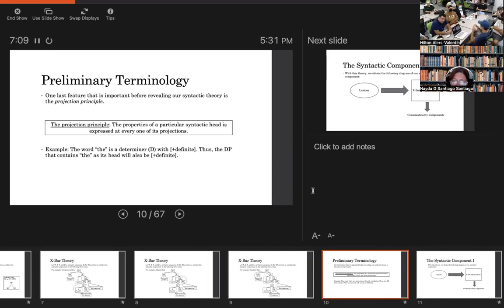Exactly. So if I have "the dog," then "the" is definite, right? And the phrase that it encompasses, so "the dog," that whole phrase is also definite. That's what plus definite means. Yes, plus definite means that it is definite. It's like the whole DP phrase that is headed by it is definite.